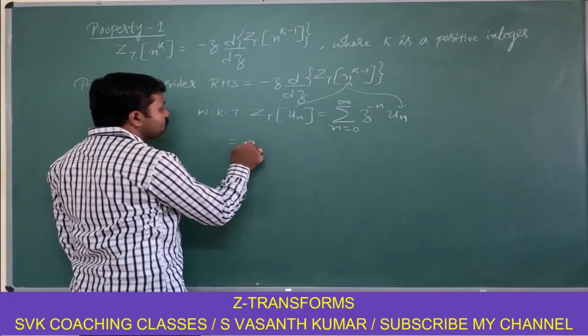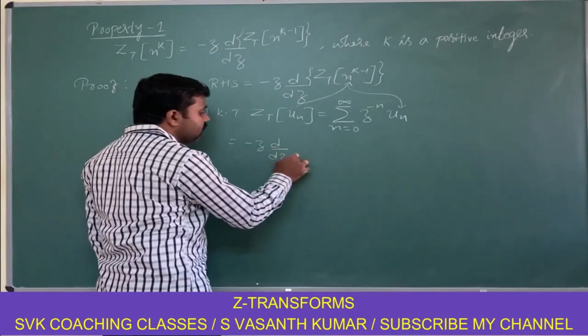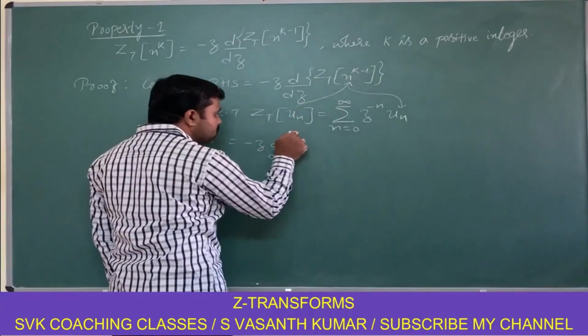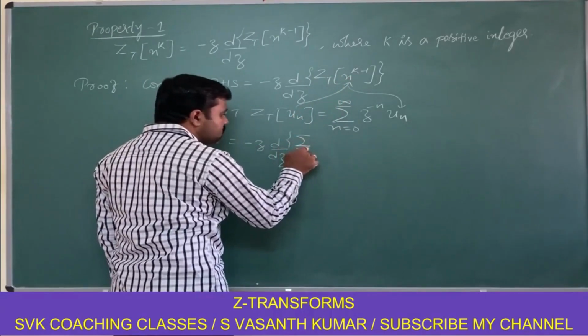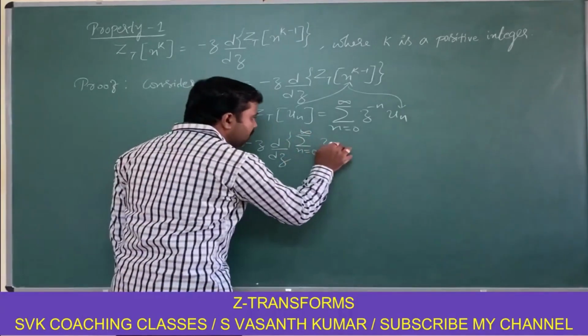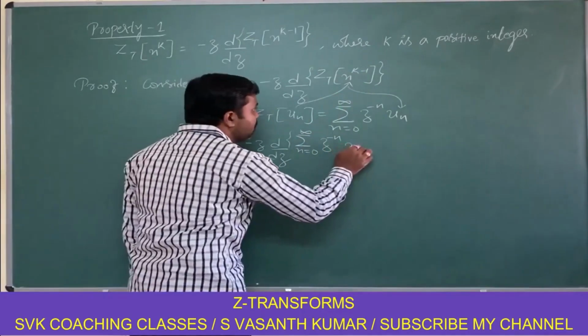So what are you going to get? It will be minus z into d by dz of, Z transform of u_n is summation n equal to 0 to infinity z power minus n, and in place of u_n we have n power k minus 1.